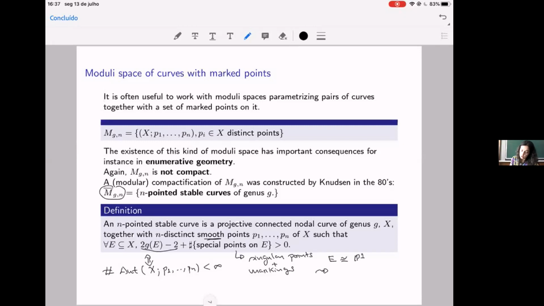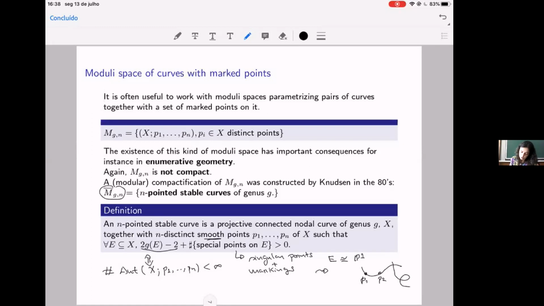So your P1 could have some singularities, meaning that it meets some other points, or you could have markings on your P1. For instance, if this is a P1 with 2 markings, this is still not stable. But if you have, for instance, a node here, then this would be stable.